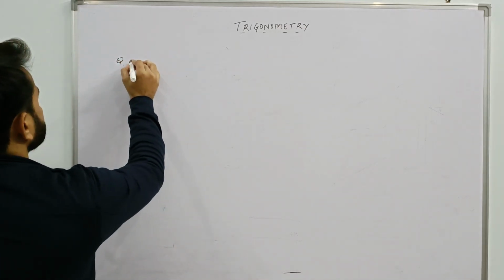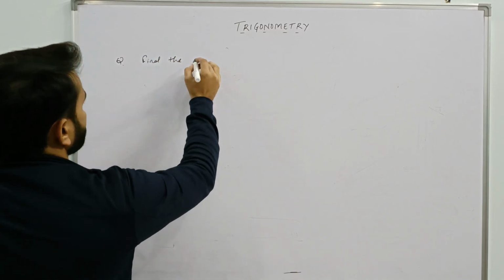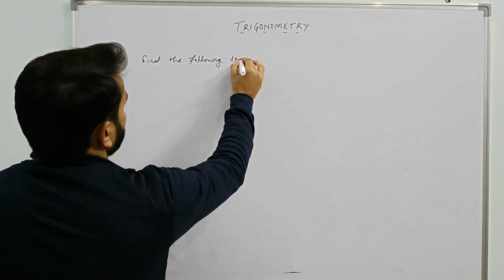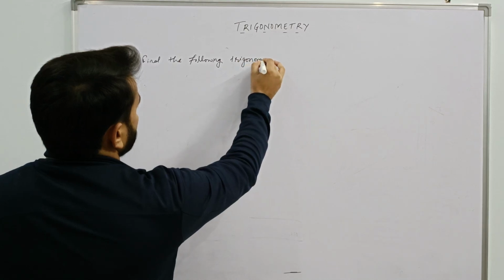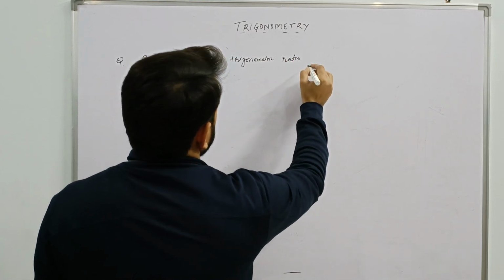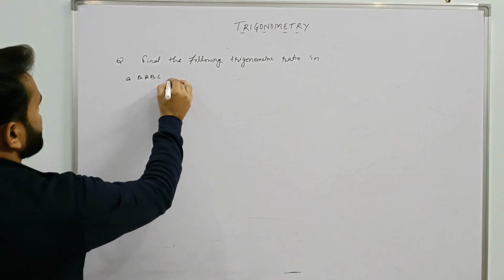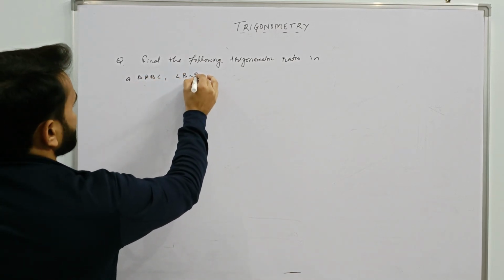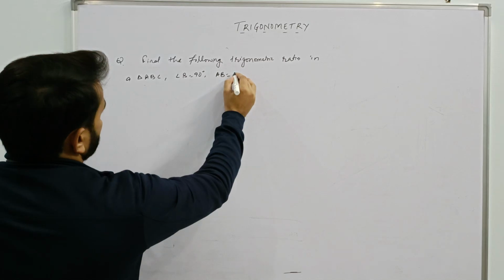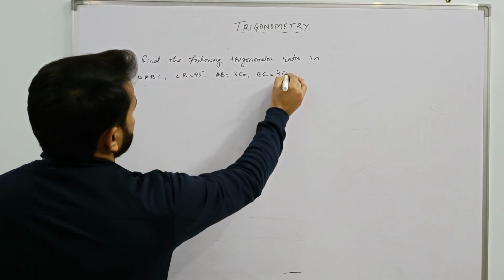Now question is, find the following trigonometric ratios in a triangle ABC, right angled at B, and AB is equal to, suppose, 3 centimeter and BC is equal to 4 centimeter.